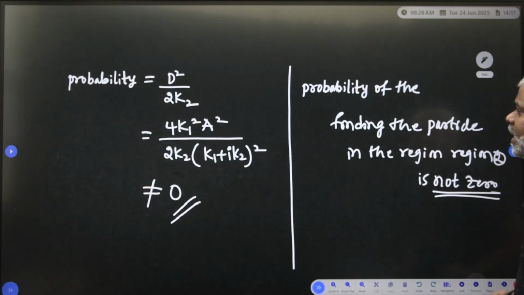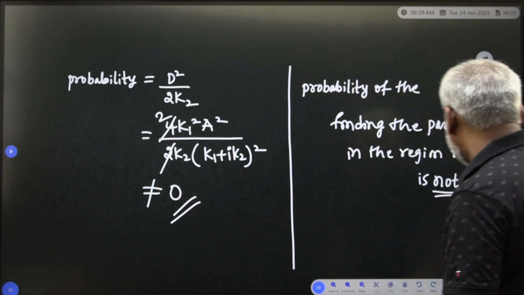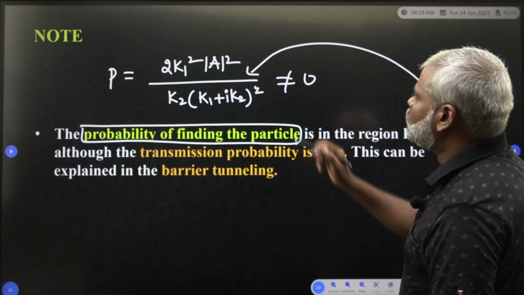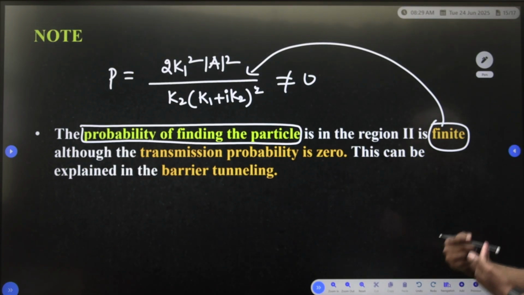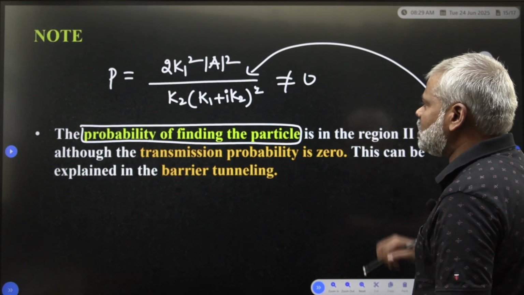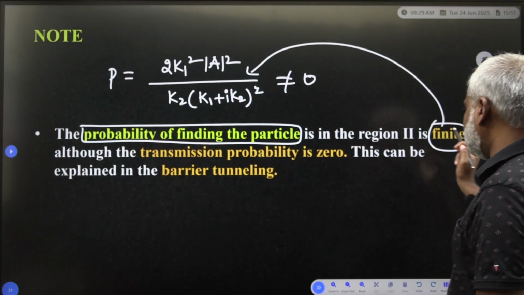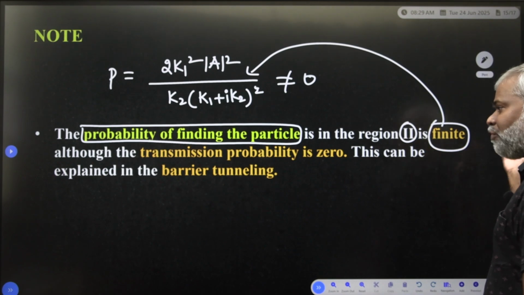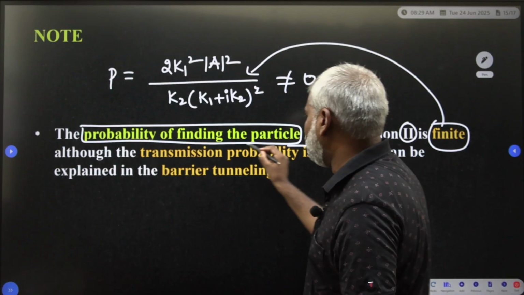So the probability in region 2 is finite, because that expression is not equal to 0, although the transmission probability is 0.